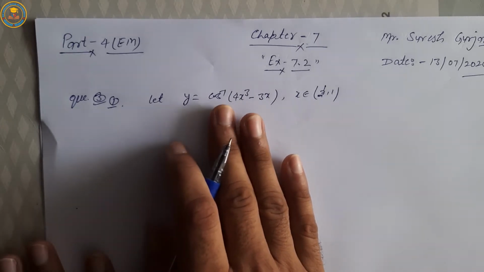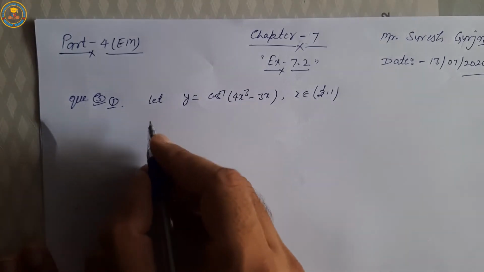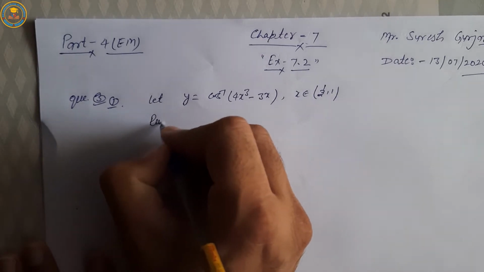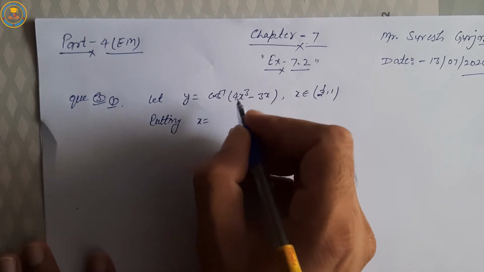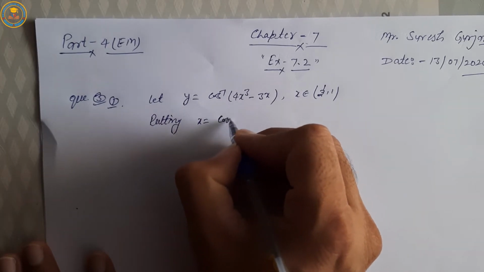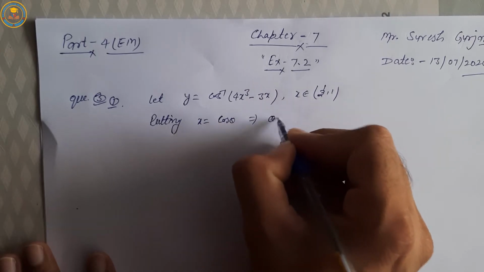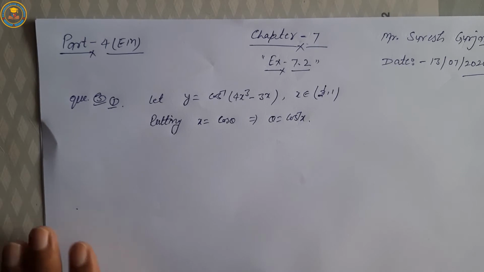Let y is equal to cos inverse of 4x cube minus 3x. Putting x is equal to cos theta implies theta is equal to cos inverse x.